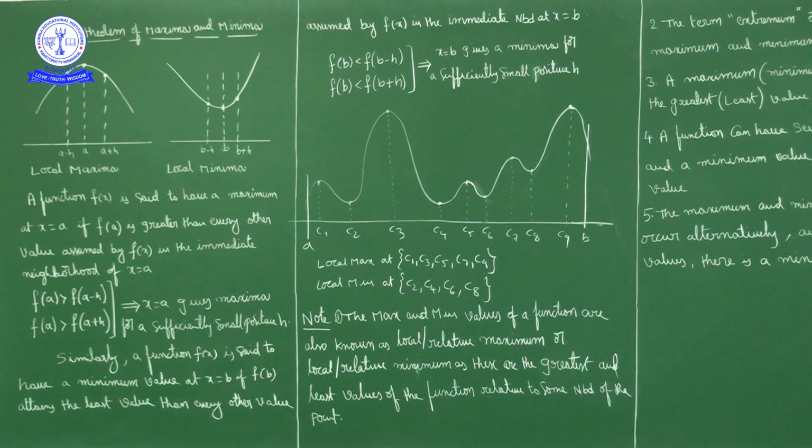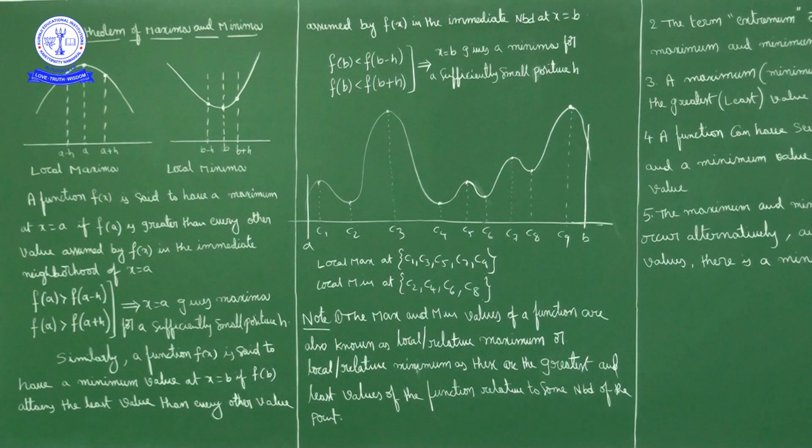So we can conclude that the value f of b is smaller than f of b minus h and f of b plus h.